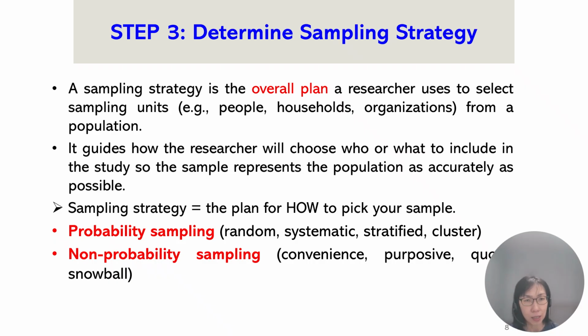We can divide it into two: probability sampling, where we have random sampling, systematic sampling, stratified sampling, and cluster sampling. As for non-probability sampling, we have convenience sampling, purposive sampling, which some call judgmental sampling, quota sampling, and also snowball sampling.